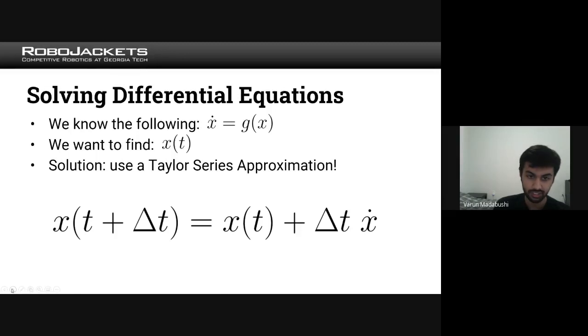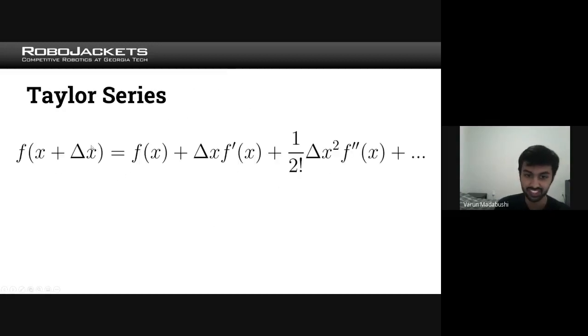Now, in order to solve a differential equation, you remember in the general form we have x dot, or the derivative of x with respect to time, is some function of x. And we want to find the function in terms of time, which is the trajectory. So here we use a Taylor series approximation, and we take only these two terms.